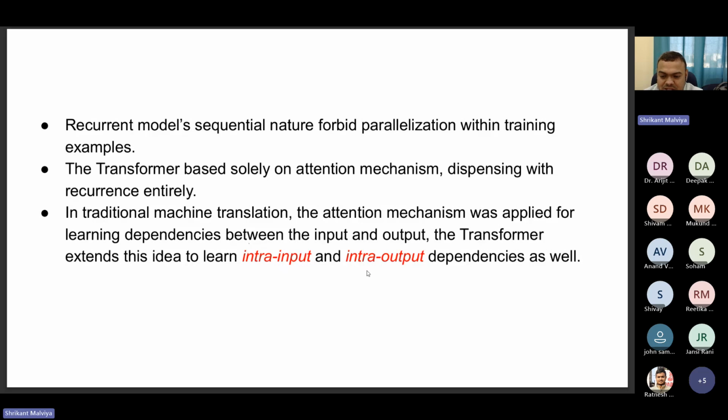And it also uses the same criteria to generate the output sequence, utilizing the intra-output dependencies among all the words which have to be generated in the sequence. Because of this important point, the transformer model has better capability than the earlier models, and it is faster and more effective to do this sequence-to-sequence generation.